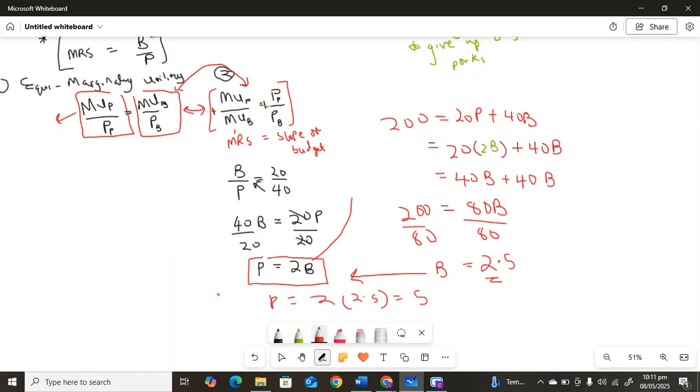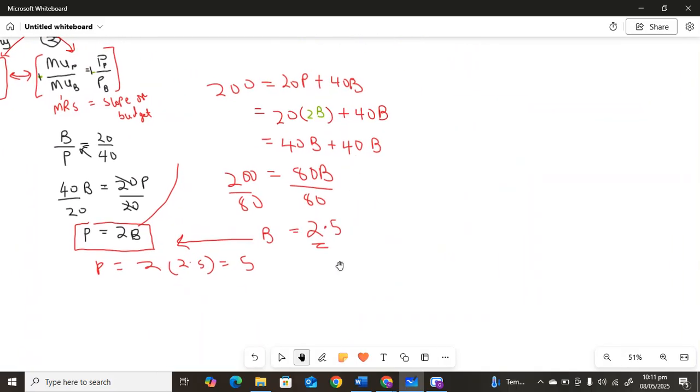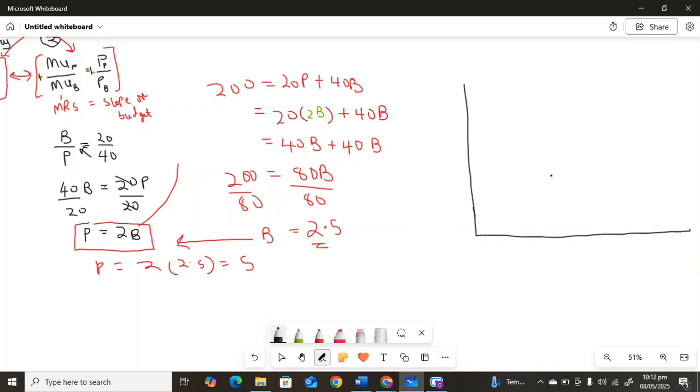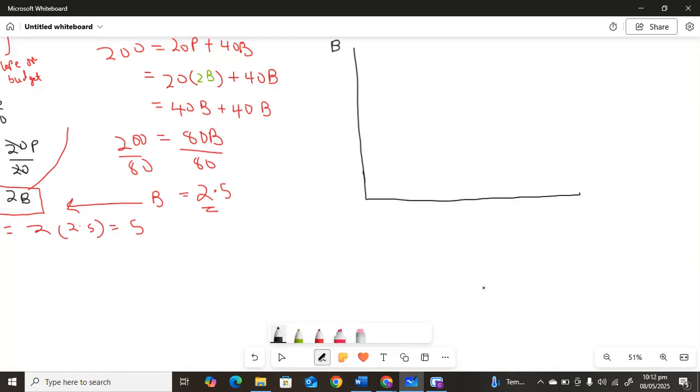And the tangent utility condition, as I said, will be represented like this. Okay, you have beef on your y-axis and you have pork on your x-axis.